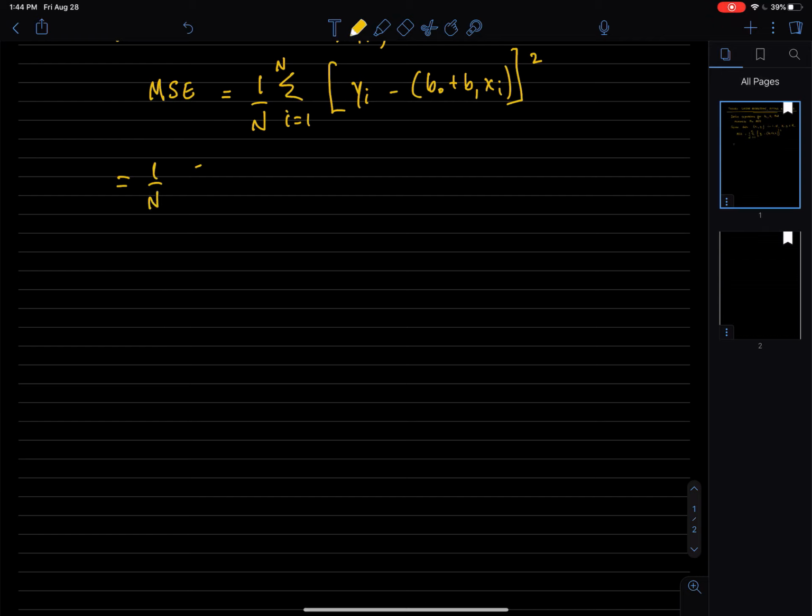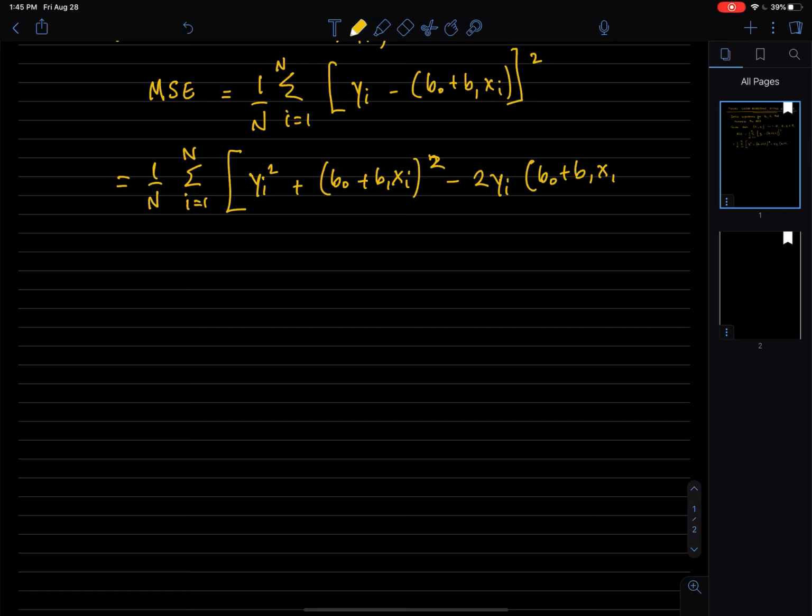1 over n, summation 1 to n, yi square plus b naught plus b1 xi whole square minus 2 yi. Okay, so just expanding that out.